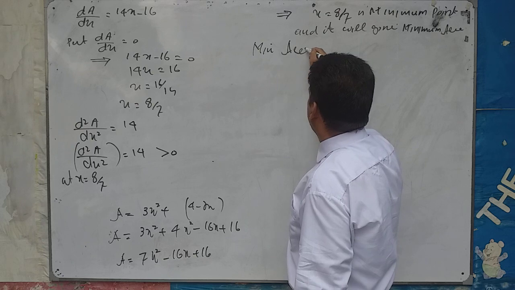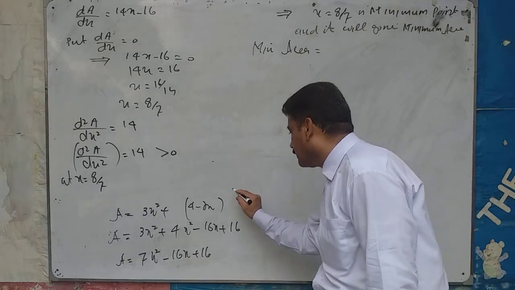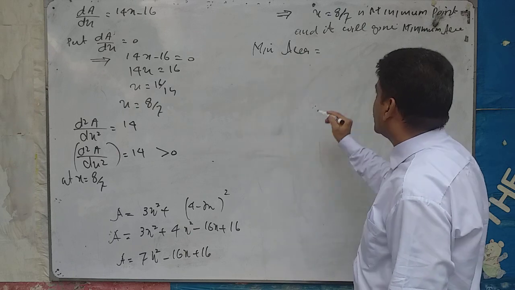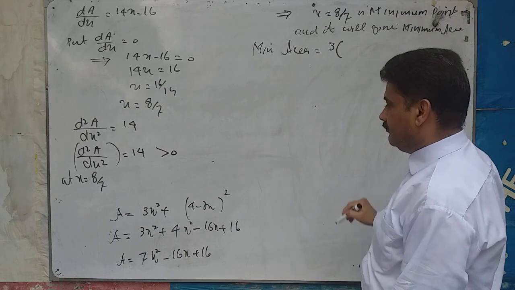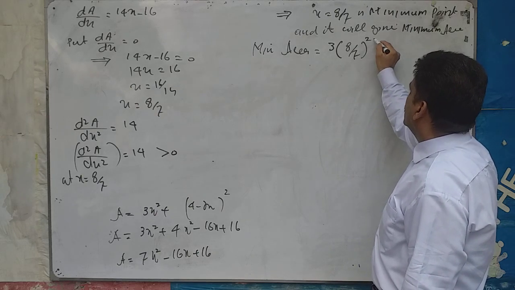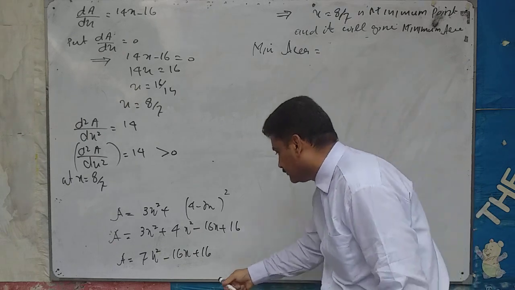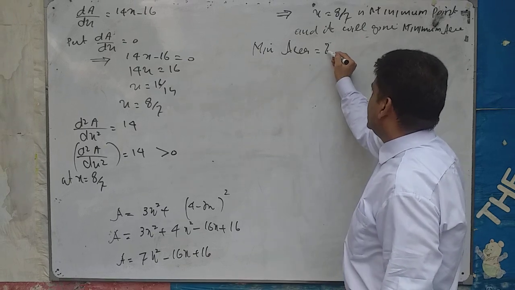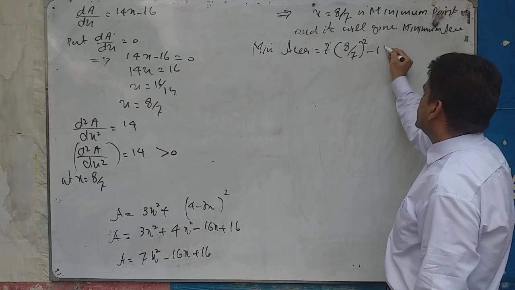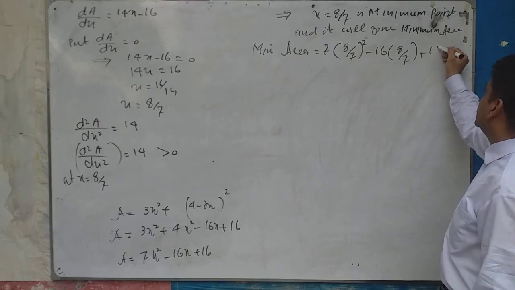Minimum area is equal to, we put the value of x in this equation, capital A. Minimum area is equal to 7 times (8 by 7) square minus 16 times 8 by 7 plus 16.